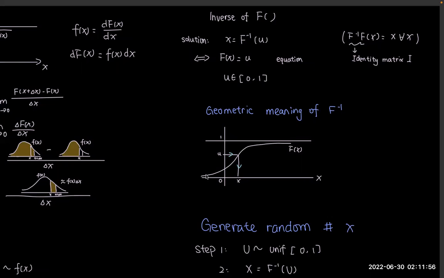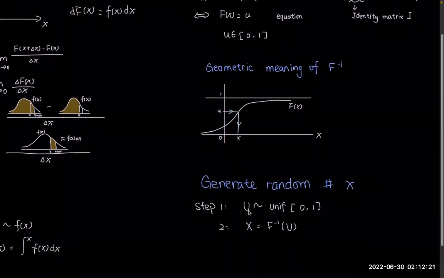Geometrically, if you have this curve big F and you have u, you can retrieve x by first going horizontally to hit this curve and then going down to retrieve x, so that now F(x) equals u. So you solve this equation to get x, which is a matter of getting the inversion.